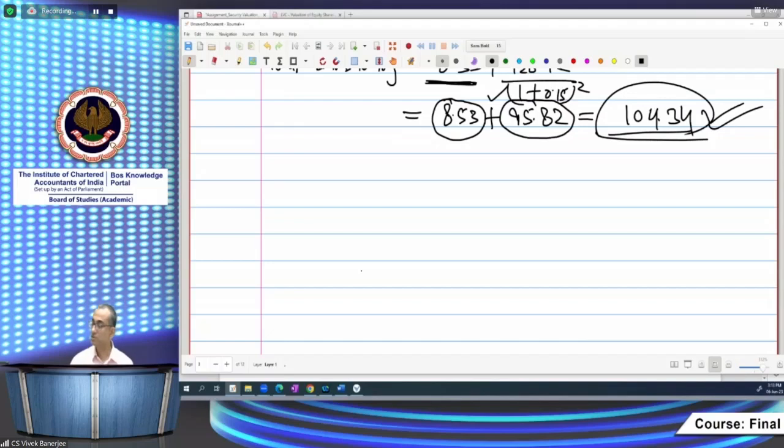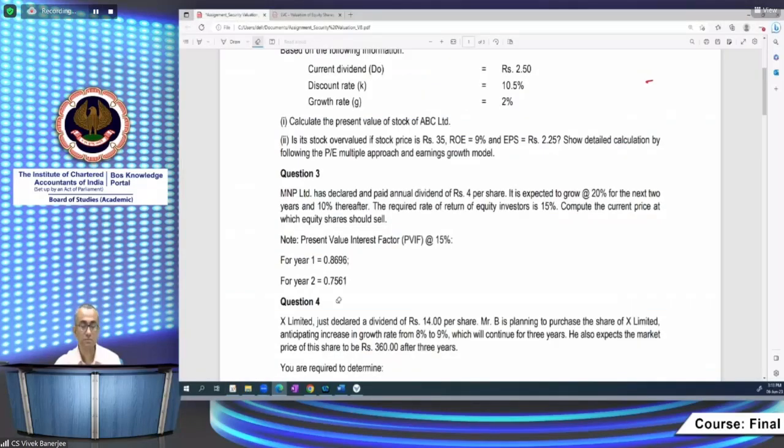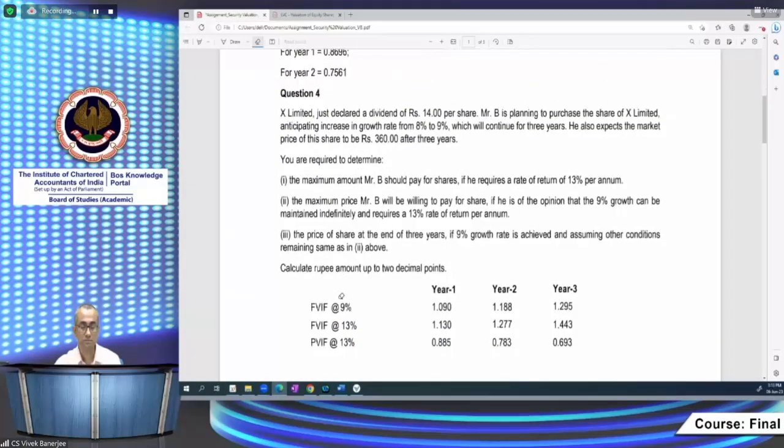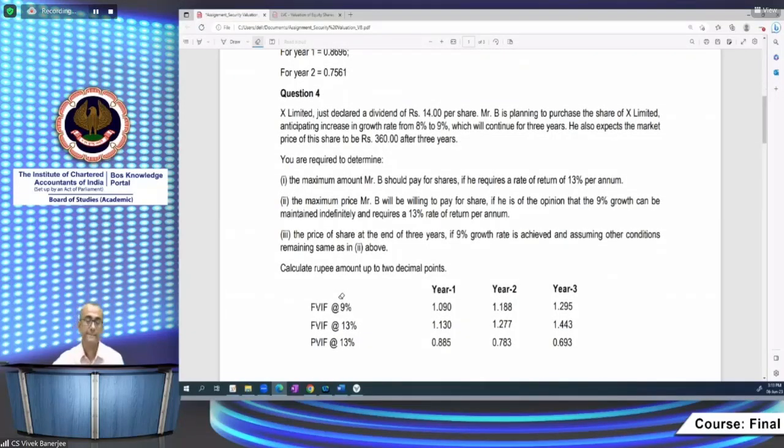Now come to the fourth question of your assignment. After these first three questions, I think you will be able to solve the majority part of question 4 on your own.